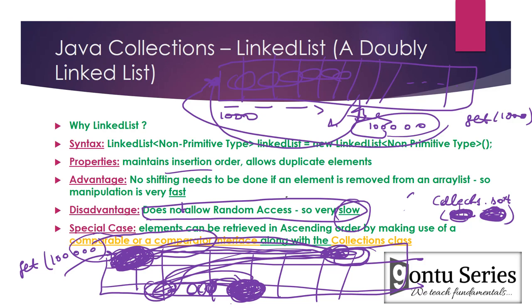If you are using a user defined object, say like Country, then your Country has to implement the comparable interface, and if it is not implementing it, then this is not allowed. Then you have to use a comparator object along with that as the second argument, and all this we learned, right? So everything works the same way as ArrayList or vector works.